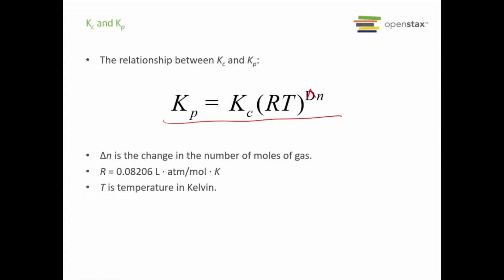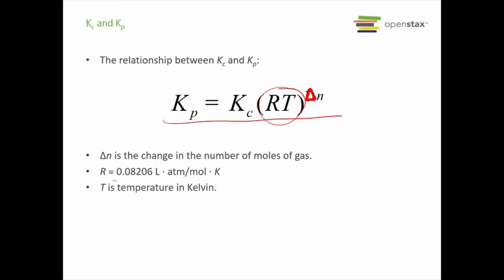Oh, that should be a delta sign, not a D. So Kp is equal to Kc times RT to the delta n. So all of RT is to the change in the number of moles of gas. Okay, so it's not just T to the delta n, this whole part is to the delta n.